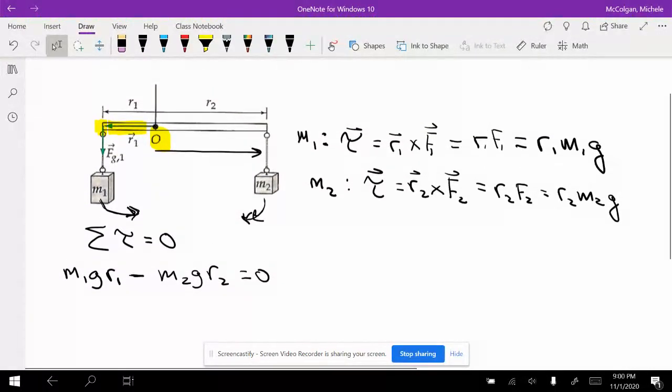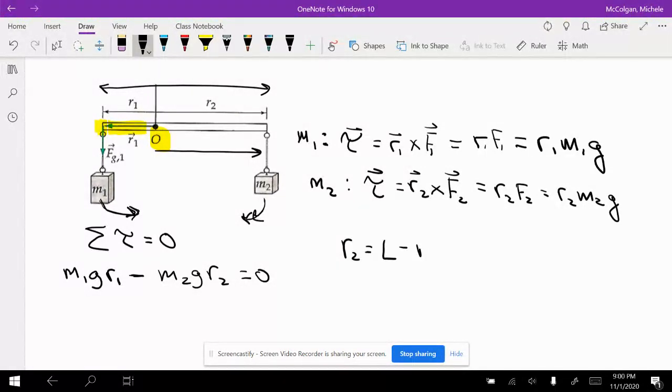So what is R2? R2 is just the total length of the bar minus R1. So we're going to say R2 is equal to L minus R1, and plug that in. We have M1G R1 minus M2G (L minus R1) equals 0.